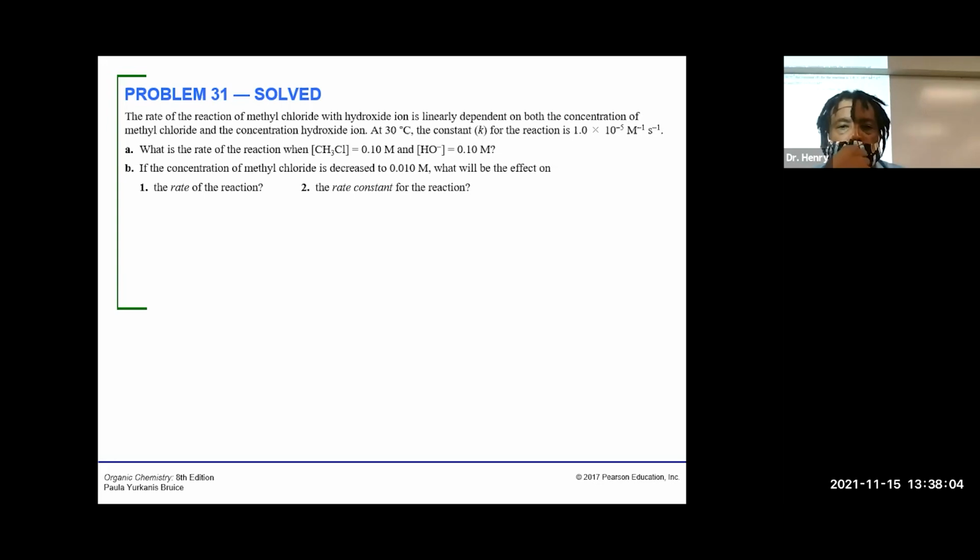So we know that rate equals K times the concentration of CH3Cl.